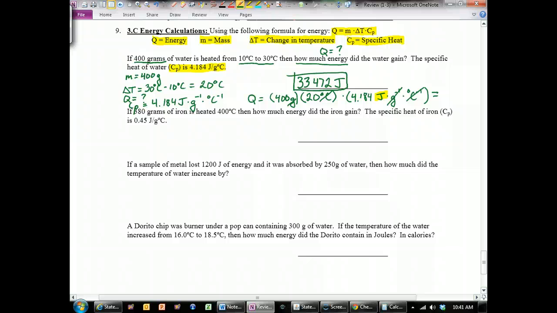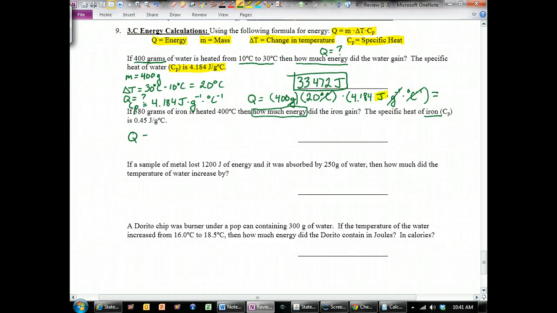The next problem, we're using the same formula, except now we're dealing with iron. So we're trying to solve for how much energy again, so we're trying to solve for Q again.